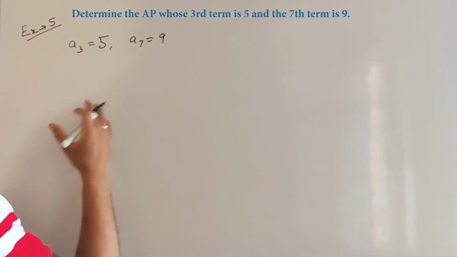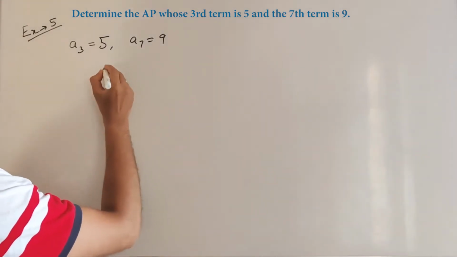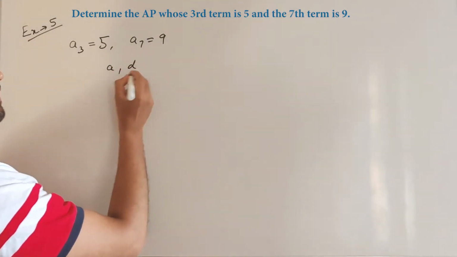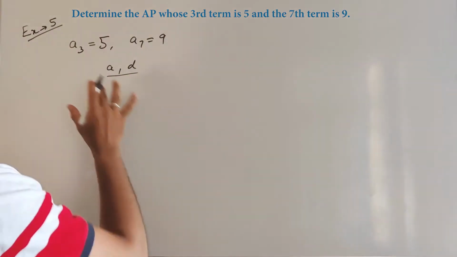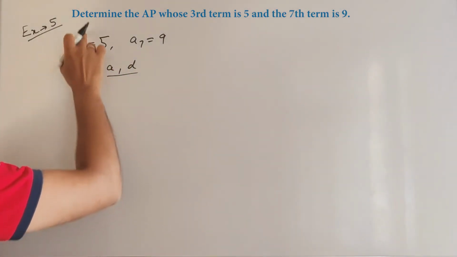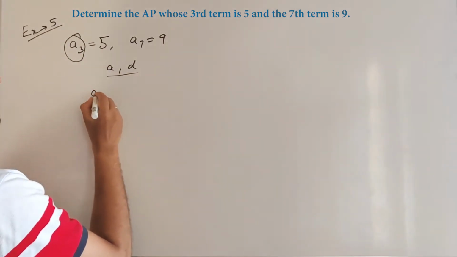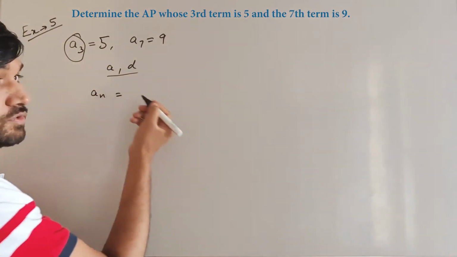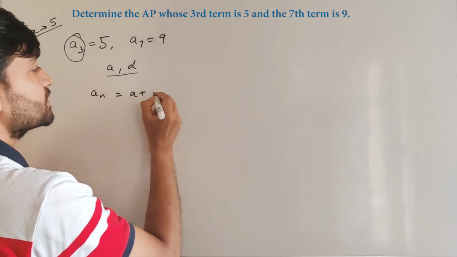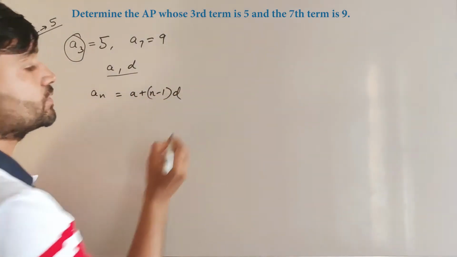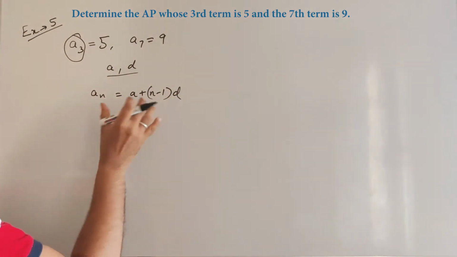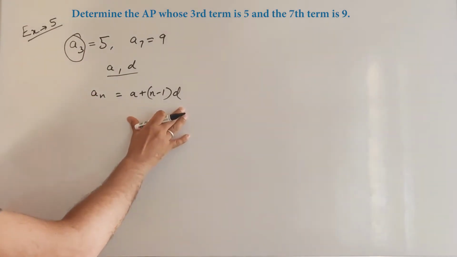Okay, so let us say the first term is A and the common difference is D. Now A3 is equal to 5. A3 means it's the nth term. We can use that formula, AN is A plus n minus 1 into D. This is the formula to find the nth term.